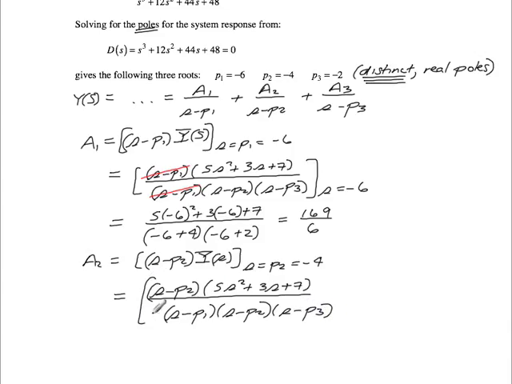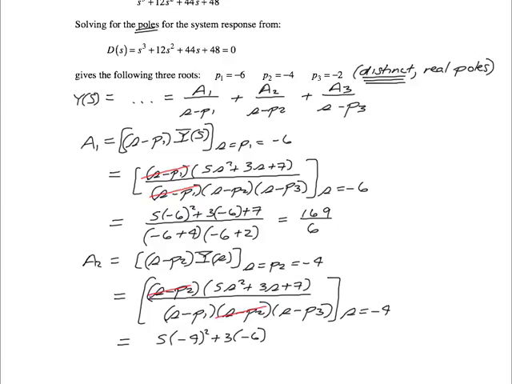We evaluate that result in the end at s equal to minus 4. Again, we strike out the s minus p2 first before we do our evaluation.